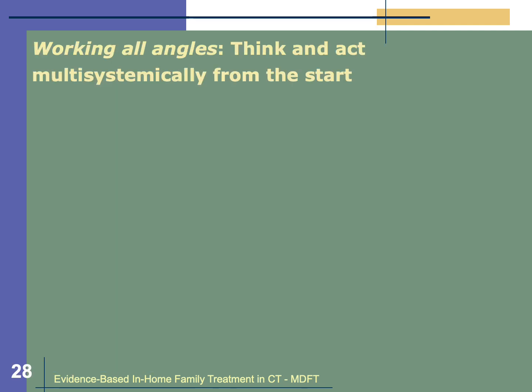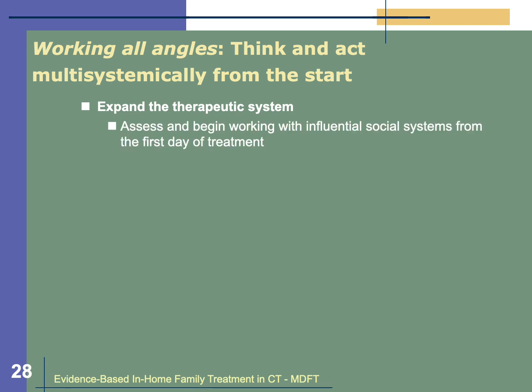So basically, we start to think and act multisystemically. So we look at the therapeutic system. Typically, we're taught to think about the individual, so the adolescent or the parent. But what we're going to do is assess the multiple systems from the beginning. So we look at the adolescent, we look at the family, we look at the relationships through this.